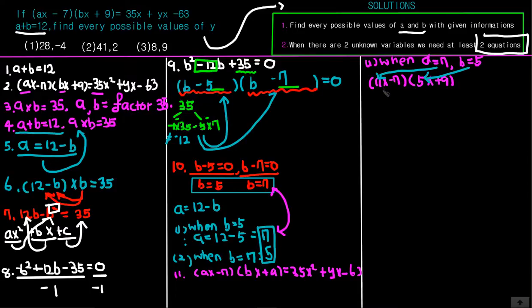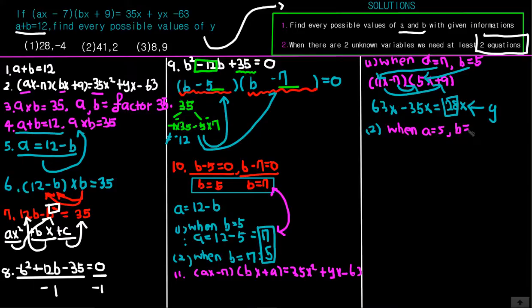It is a waste of time to expand everything. We can multiply just the terms that give x, which will be 7x times 9, 63x, and negative 7 times 5x, negative 35x, which is equal to 28x. We're trying to find the value of y, which is 28. For the second case, a is equal to 5 and b is equal to 7.